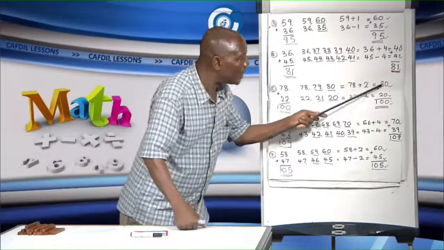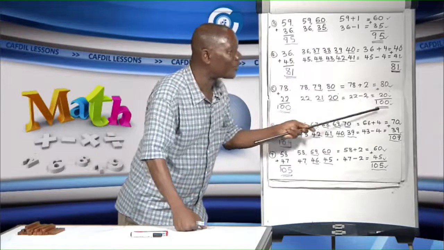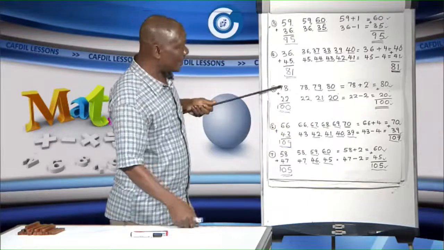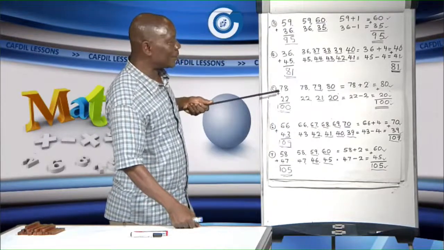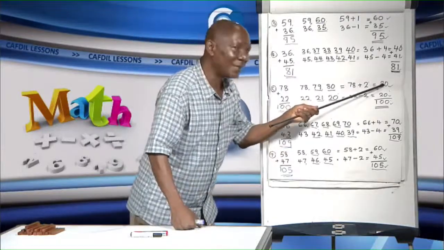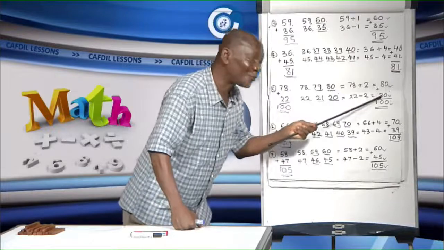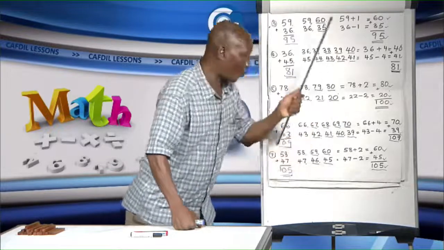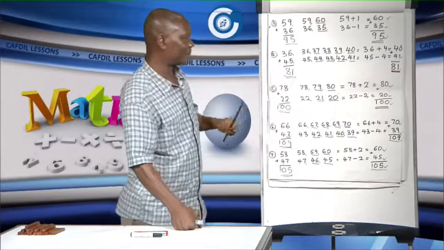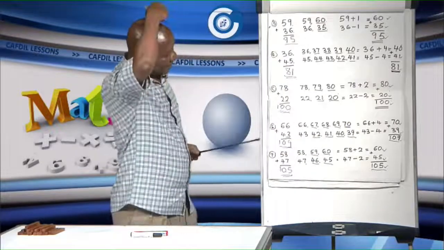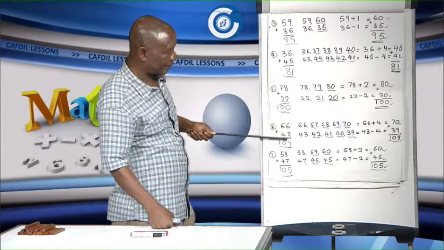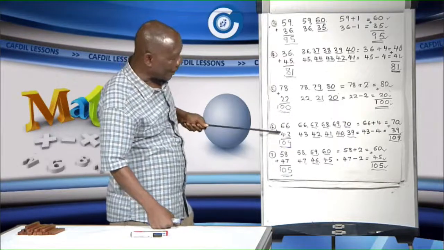Then 80 plus 20 also gave us 100, which means 78 plus 22 is the same as 80 plus 20. The answer being 100. Now let's come here. 66 plus 43 gave us 109.